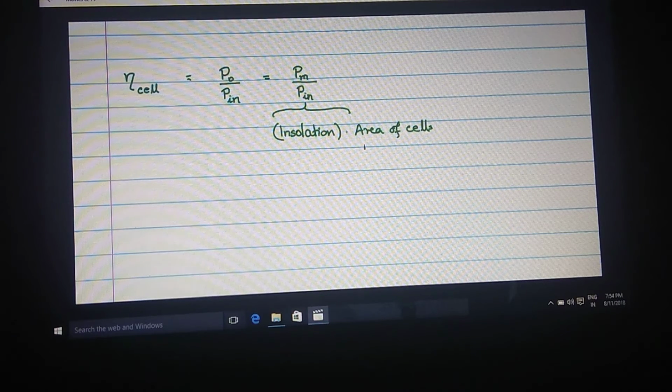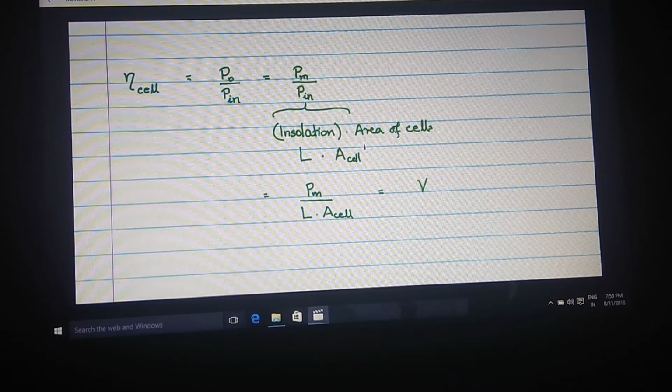We shall use the symbol L for insolation into the area of the cells, which is area cell, like this, and therefore, after substituting, you will see that PM divided by L, which is kilowatt per meter square, into the area of the cells, will give you the input incident power.